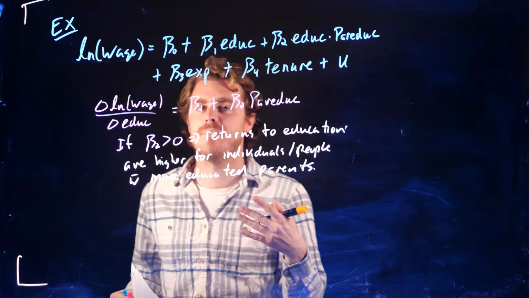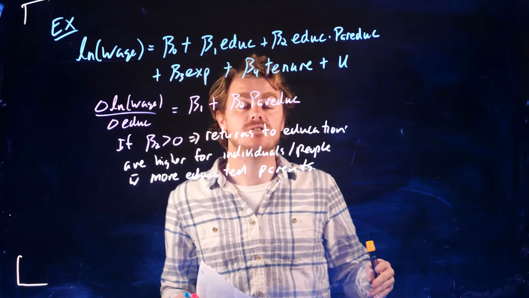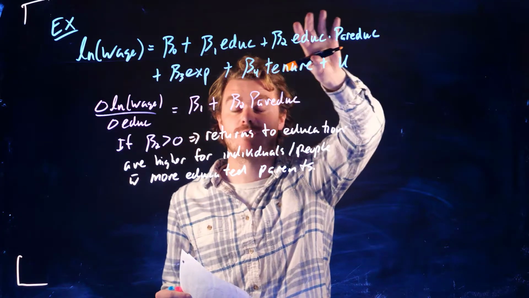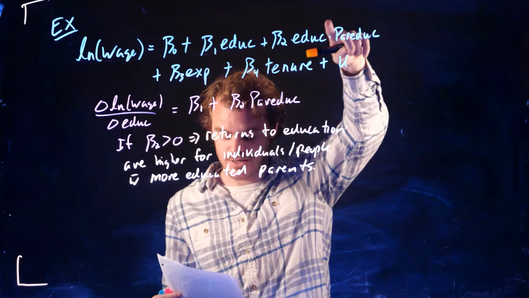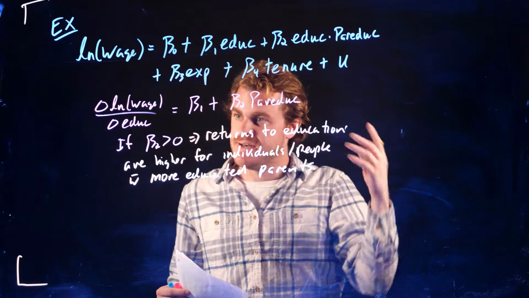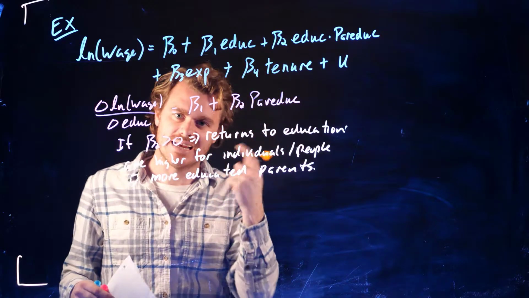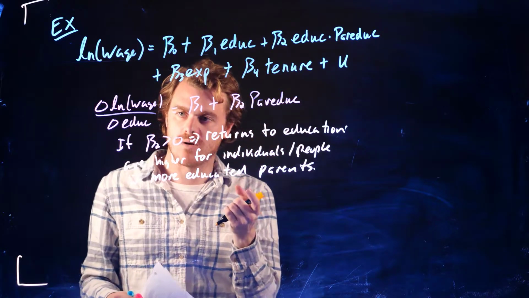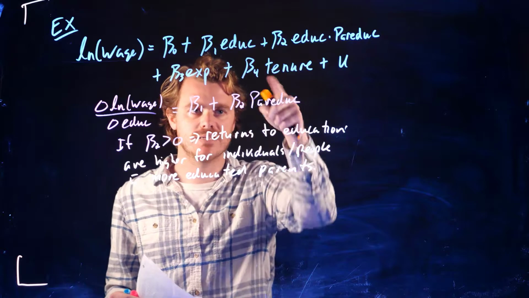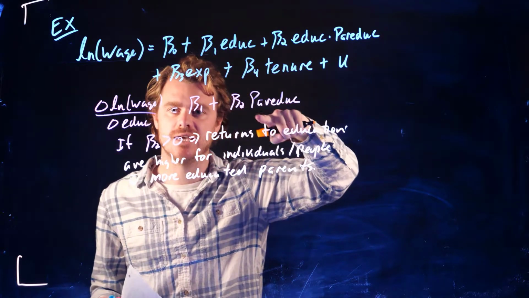If we think that might be true and want to test it, we might run this regression with this interaction. Now, notice that we can't get an actual number for what the effect of education is, because it depends on the level of parental education.